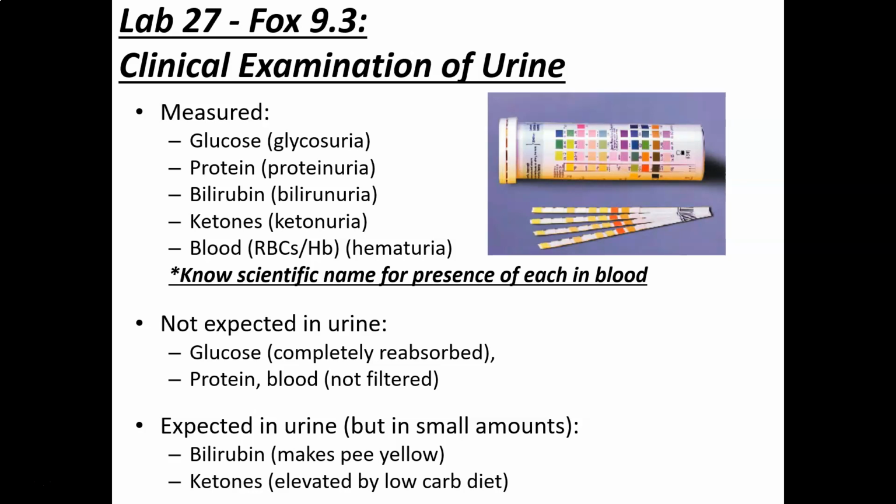And so what happens is, because glucose is relatively small compared to proteins and the cellular elements of blood, it gets filtered through the apparatus within the kidney. So there's really no way to prevent the glucose from getting filtered through.